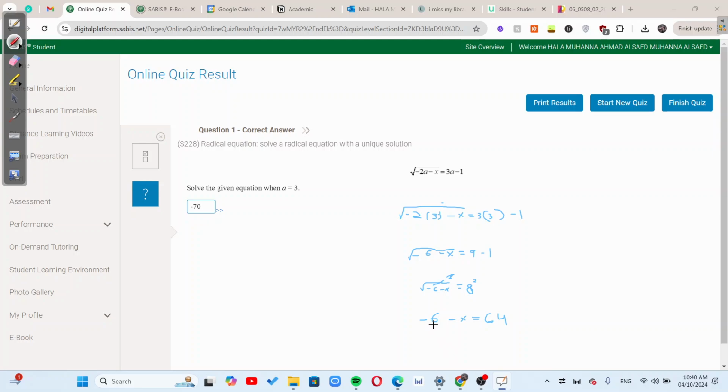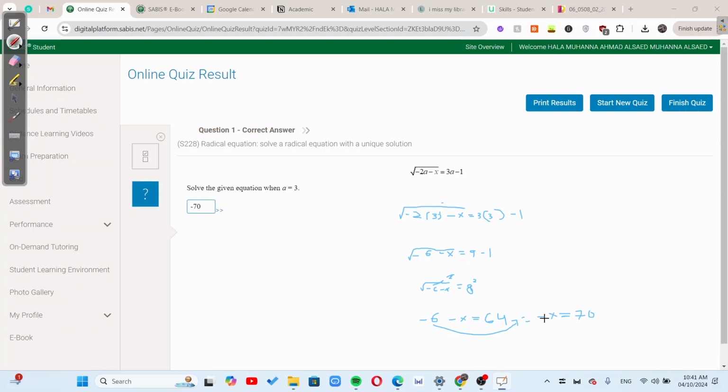So now we're going to move this 6 to this side. So it's going to be negative x equals 70. And we know we want x. They're asking us for x, not negative x. So we have to make this x positive.